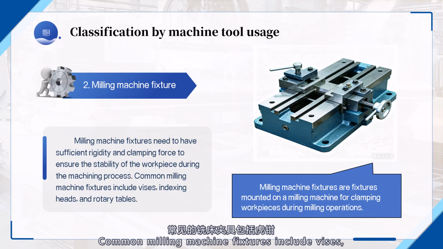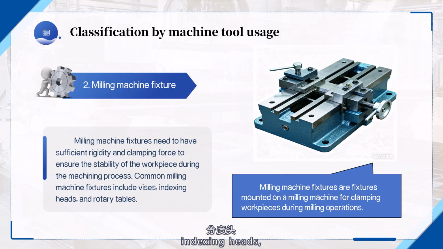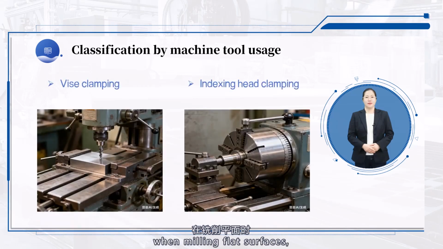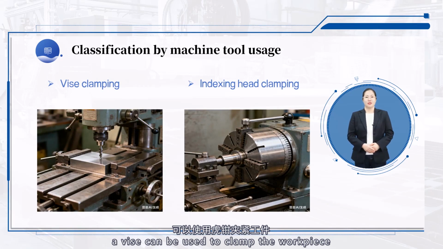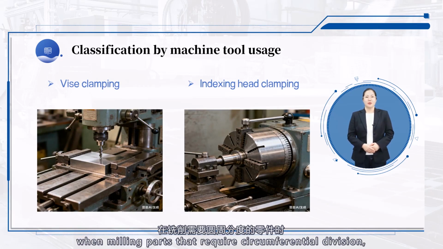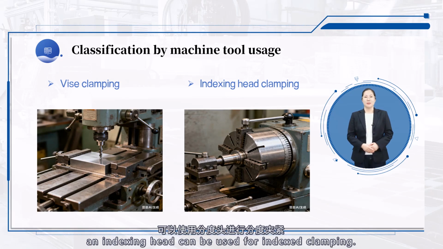Common milling machine fixtures include vices, indexing heads, and rotary tables. For example, when milling flat surfaces, a vice can be used to clamp the workpiece. When milling parts that require circumferential division, an indexing head can be used for indexed clamping.